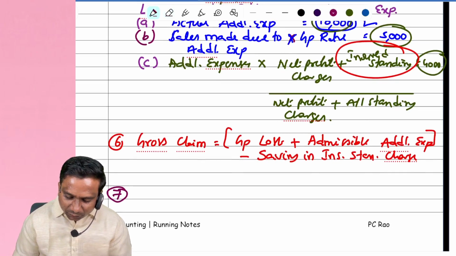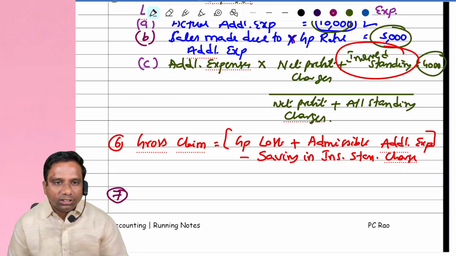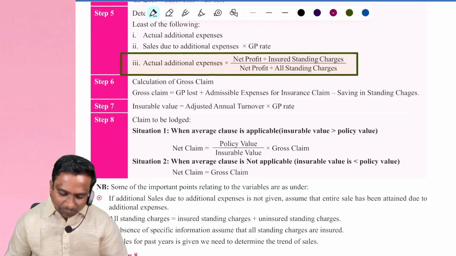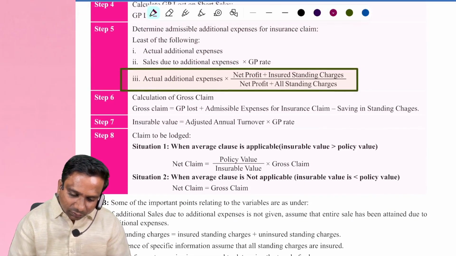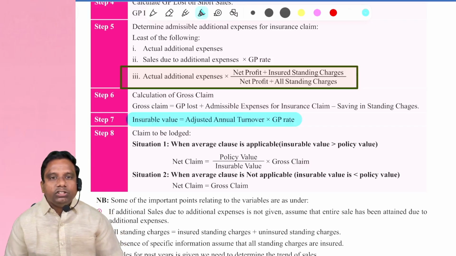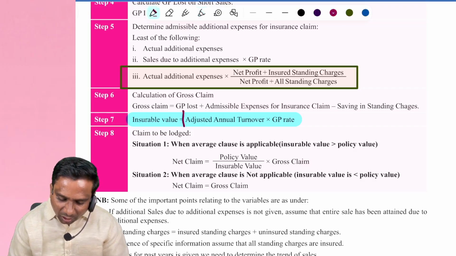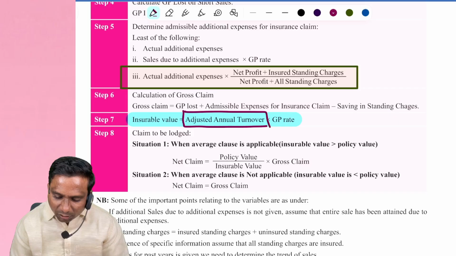We check the actual policy that should be taken. For how much amount we take policy. So that is our next step. Observe insurable value. This is called insurable value. How do we take insurable value? Adjusted annual turnover into GP rate.